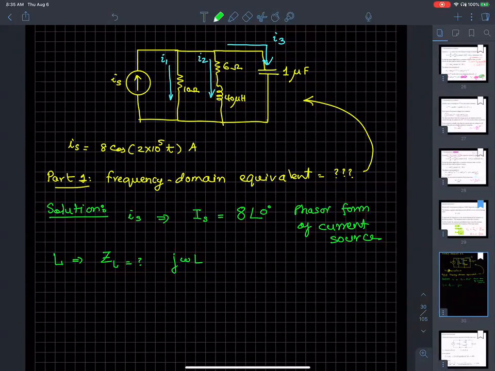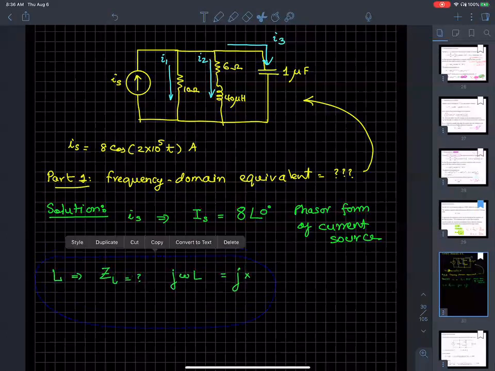So that is what I'm interested in finding out. What would that value be? j times omega. Do I know the value for omega? It's 2 times 10 to the 5 radians per second.